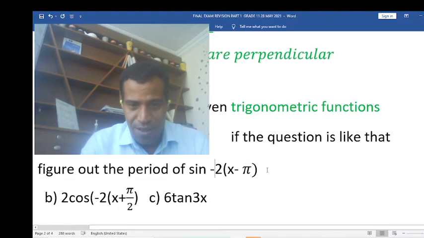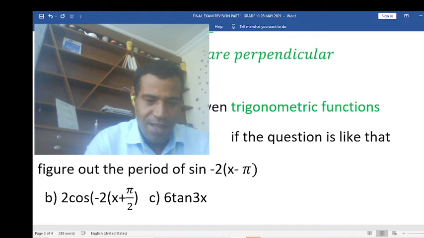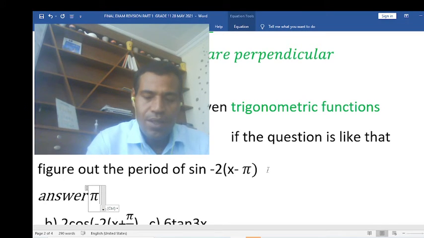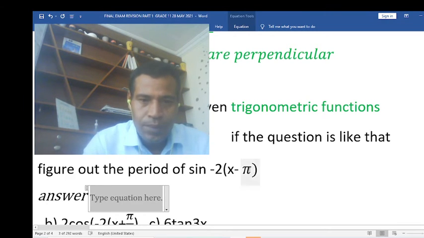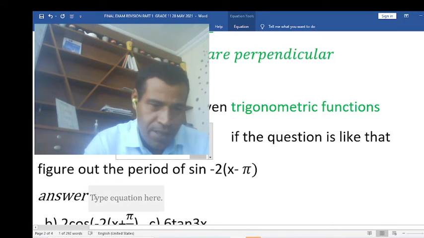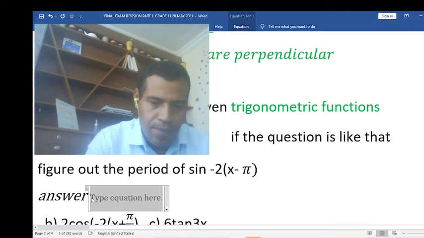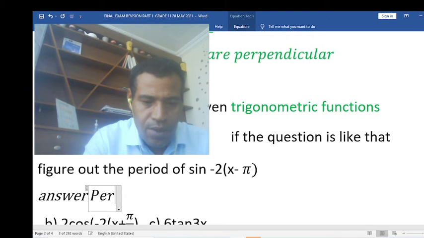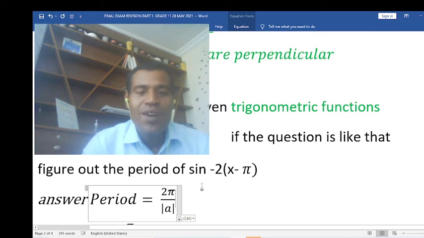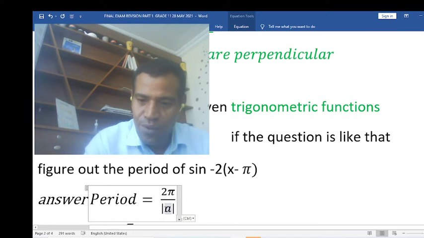So the period, now just write the answer. The period is equal to, I will copy and paste, 2 pi divided by the absolute value of negative 2.